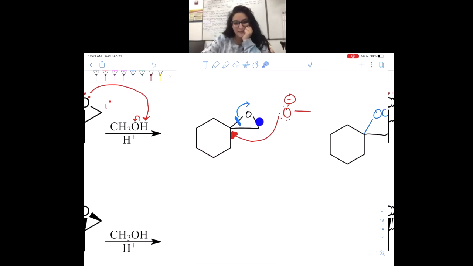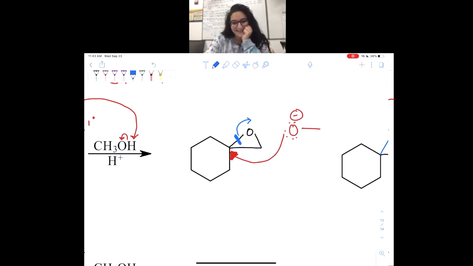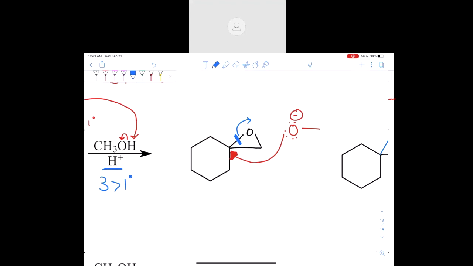And if we look here, this side is tertiary, this side is primary. So we're going to attack tertiary and kick open the epoxide towards the primary side. That's why we would have to break this bond. Sort of kind of makes sense?